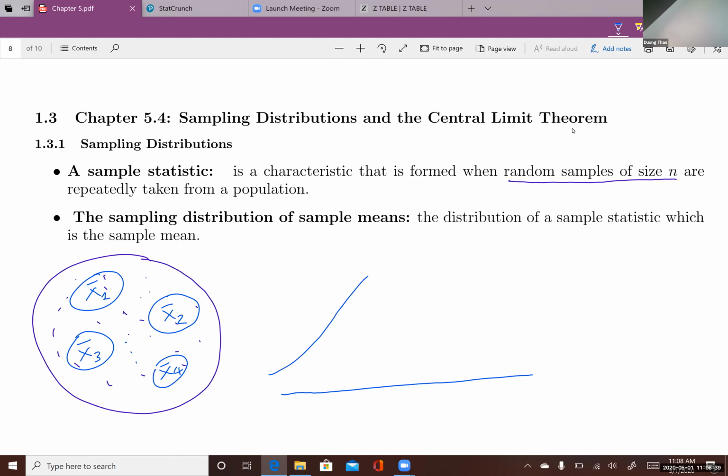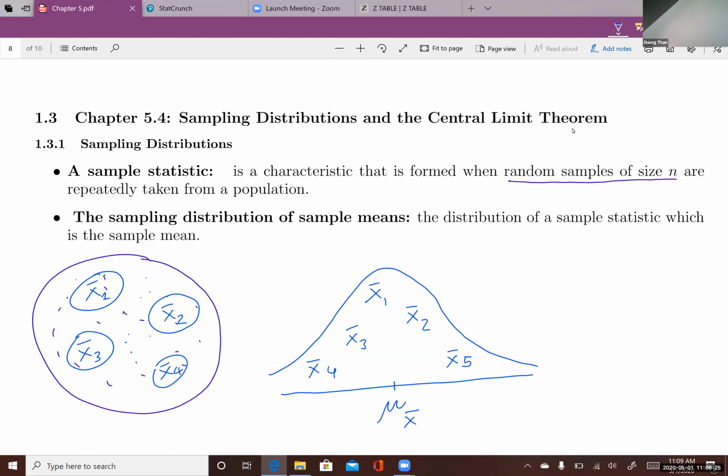So I put all the sample means in this distribution, and I have a sampling distribution of the sample means. The mean of this distribution is the mean of the sampling distribution of the sample means. So I would say mu is a mean, but of the sample means.